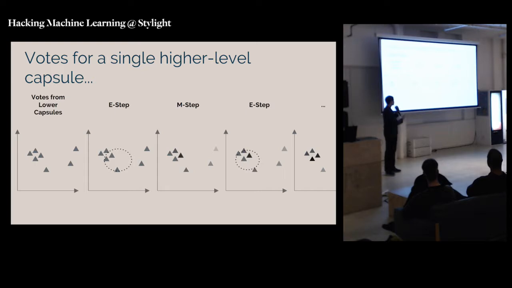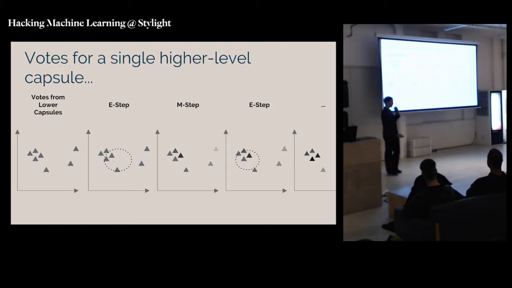And then in the M step, we update our parameters to better fit what we had calculated in our E step. You can see that for things that were farther away from what we predicted the mean and variance of the Gaussian to be, the parameters associated with them are adjusted in a certain way. To bring this down to earth with capsules, the parameters we're interested in are the routing coefficients, and adjusting them if they're far away means decreasing their value.